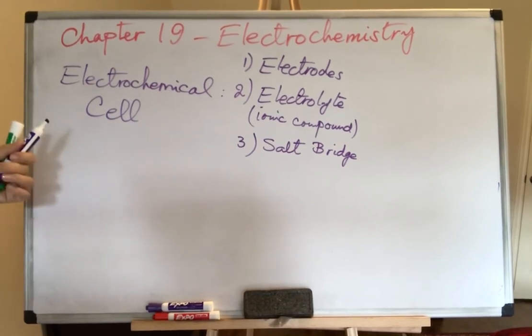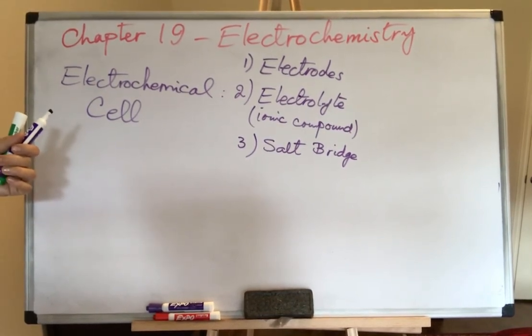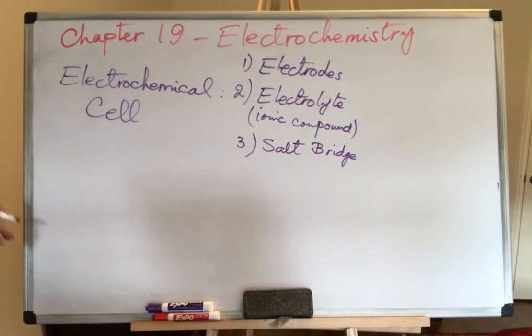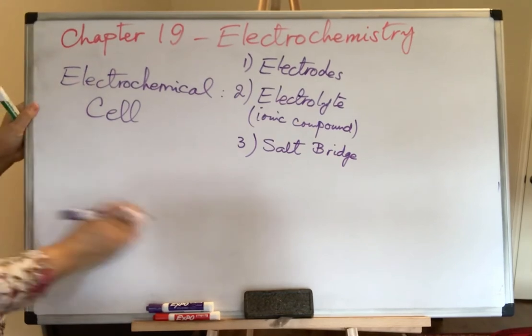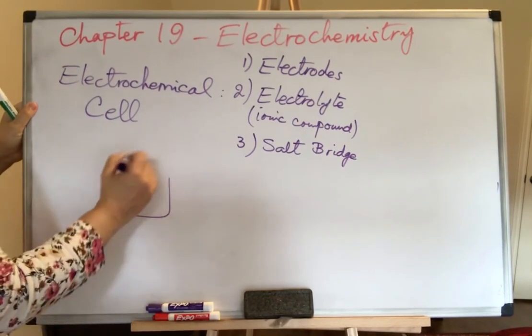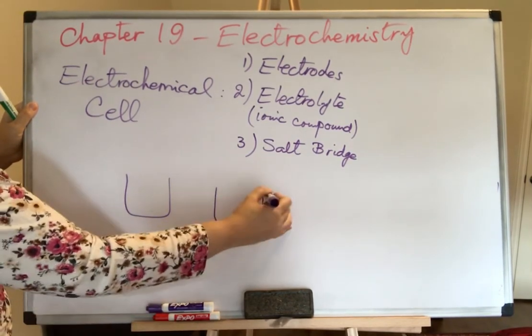Electrolytic Cell. Our focus is on Voltaic Cell, and just like the reactions that we had, oxidation half reaction and reduction half reaction, we have the same thing in the cells also. So if you want to show it, a very simple example is, let's say you have 2 beakers.